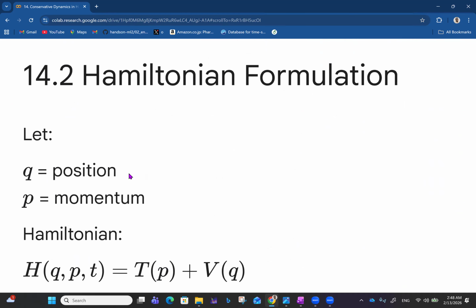So for the Hamiltonian formulation, we have q as position and p as momentum. The Hamiltonian is H of q, p, t. We express it as a function of position and momentum: the kinetic part as a function of momentum, and the potential part as a function of position. Kinetic energy is like energy at work, while potential energy is like energy waiting to work, in position.